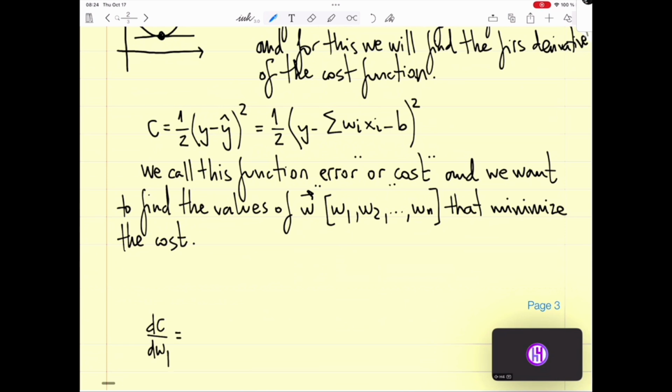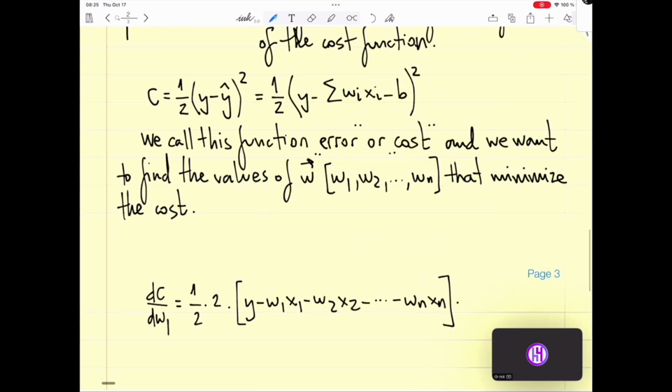We have w1, w2, all the variables, and now you will see why we are dividing by 2. 1 divided by 2 times 2 times (y minus w1 x1 minus w2 x2 minus ... minus wn xn) times the derivative of the function with respect to w1, which is minus x1.